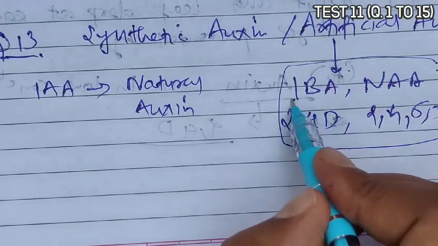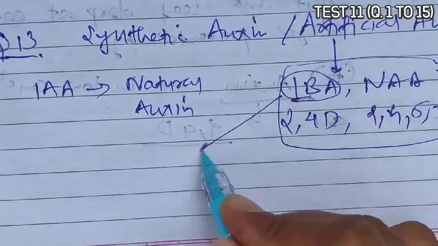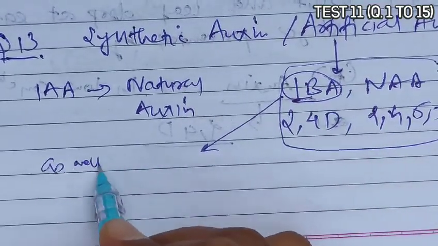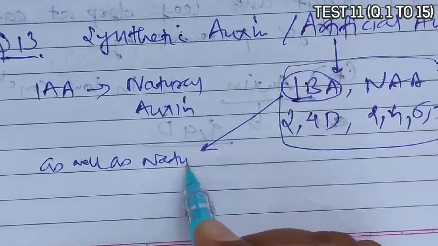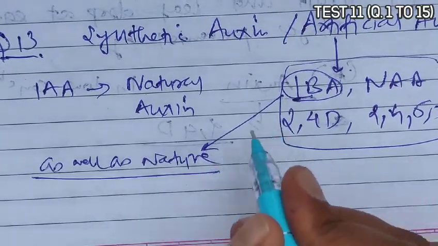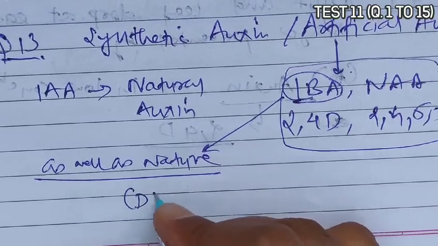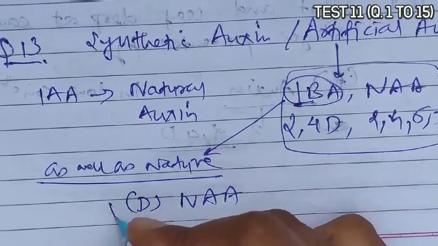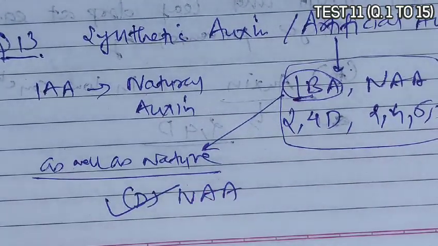Now this IBA is artificial as well as natural. So by excluding this option, D, naphthalene acetic acid, become the correct answer as a artificial or synthetic auxin.